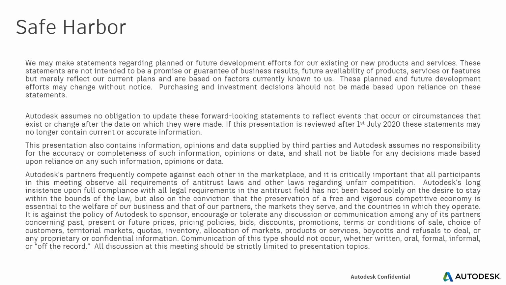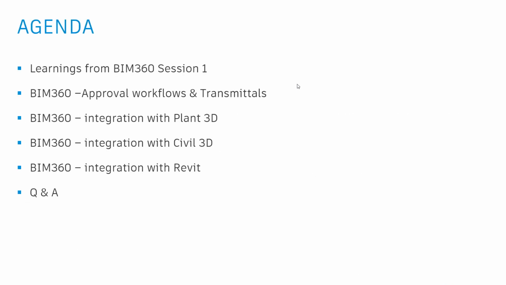Let's see how our agenda of today's webinar would be. First of all, the first piece of the slides would be talking about the learnings of our first session of BIM 360. We'll do a small refresher on all the learnings which we had in our last session, basically.